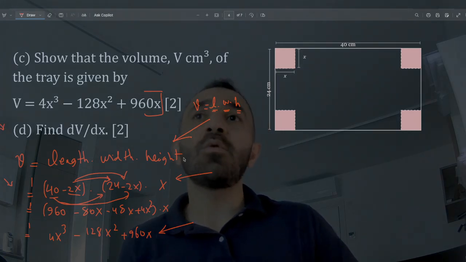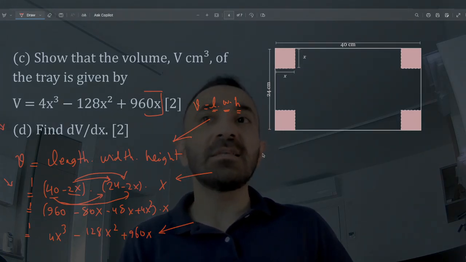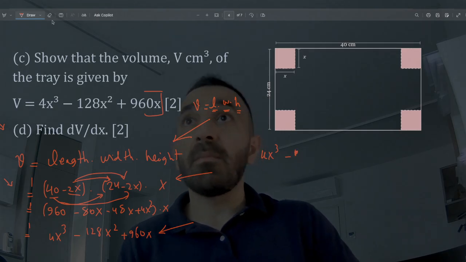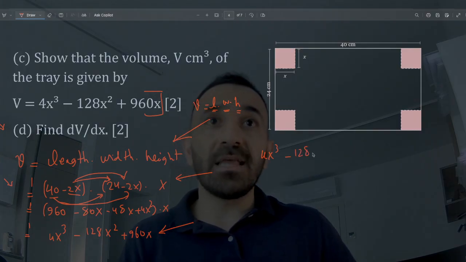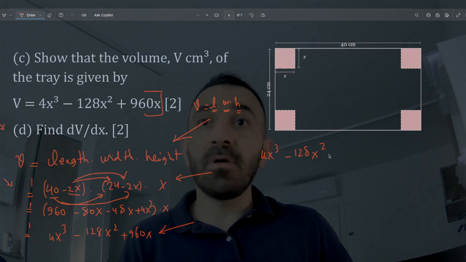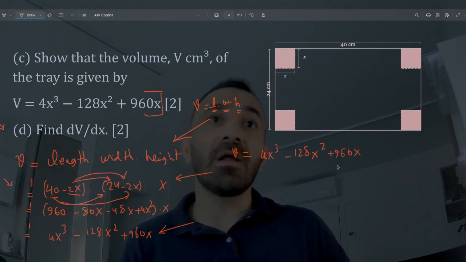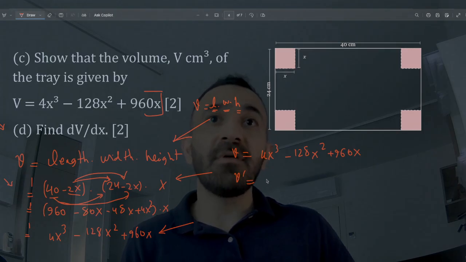It is asking us to go and find the derivative. So what is the derivative of this function? 4x to the power of 3 minus 128x to the power of 2 plus 960x is the function for the volume. How can I find the derivative?